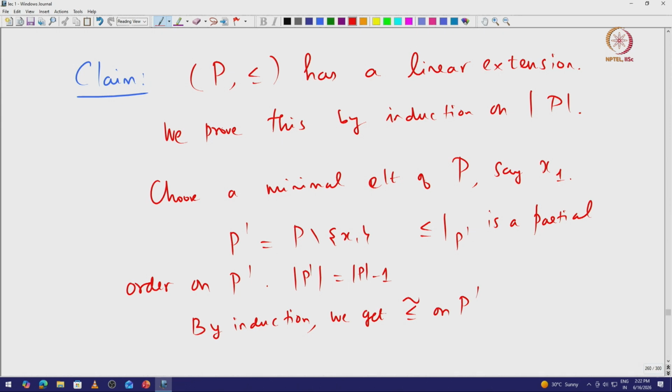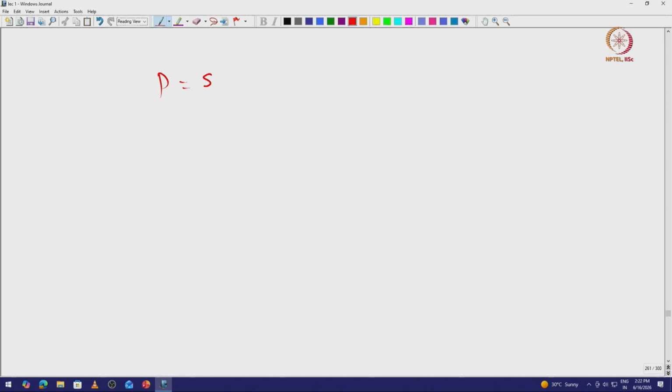Say we list P prime as x2 up to xn with the total order less than or equal to tilde. Now if you add x1 to P prime, then we get x1, x2, up to xn. This has the order tilde on x2 up to xn. Now you just extend this order as follows: x1 is smaller than xi in the tilde order for all i greater than or equal to 2.